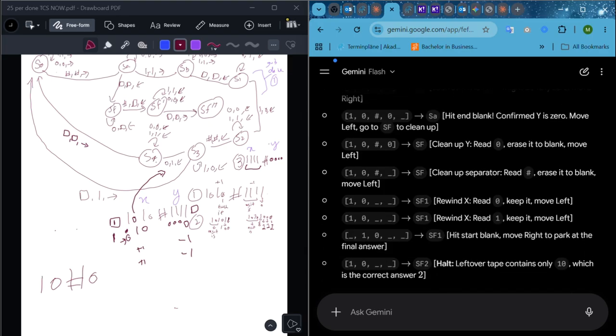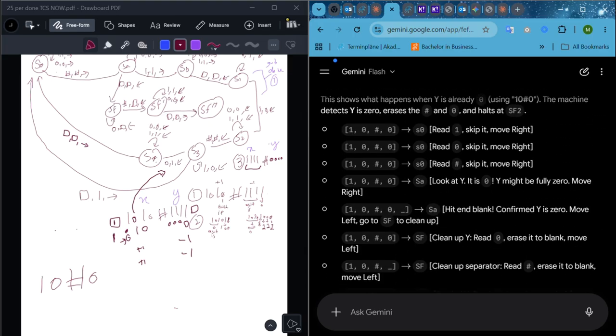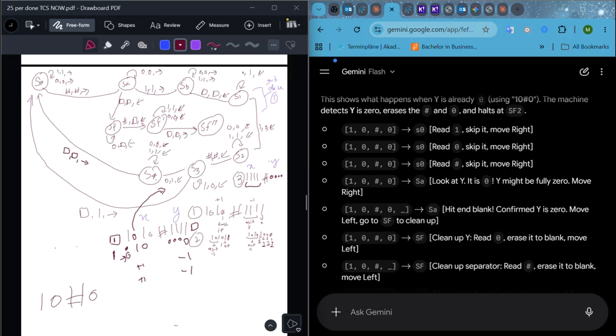And in that position, we know that this is our tape. This goes all the way to this, and it reads a hash, and it moves one step right.